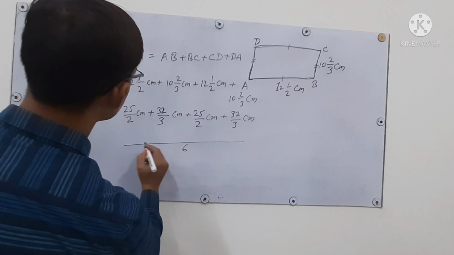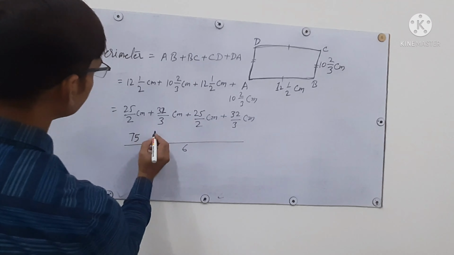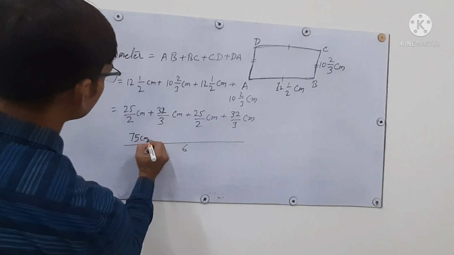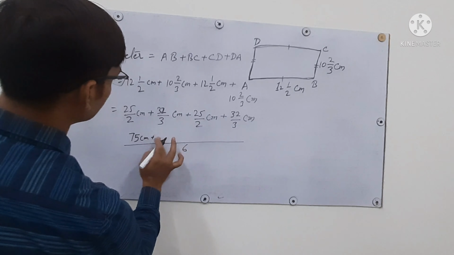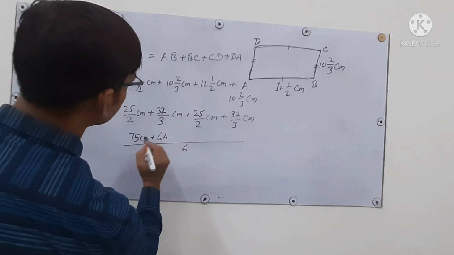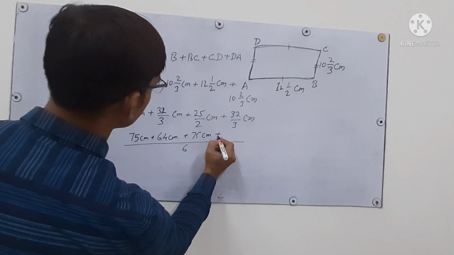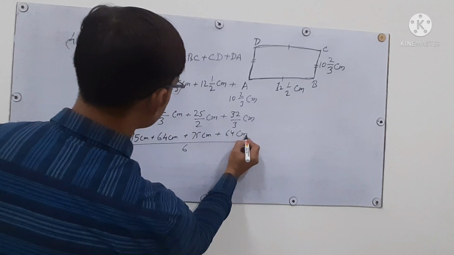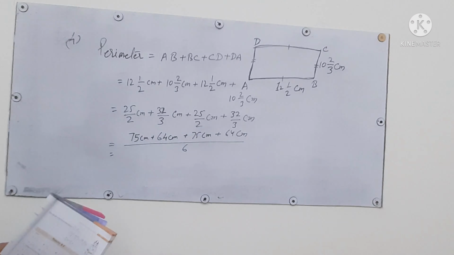It will be 6. So 25 times 3 is 75, and 32 times 2 is 64. Similarly, it will be 75 centimeter, and 64 centimeters. Now we will solve it.